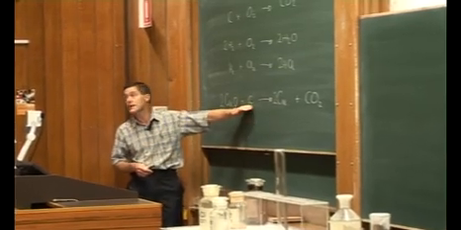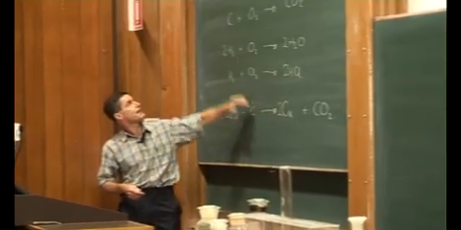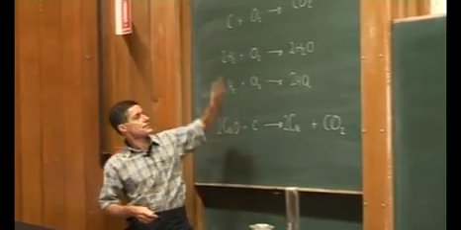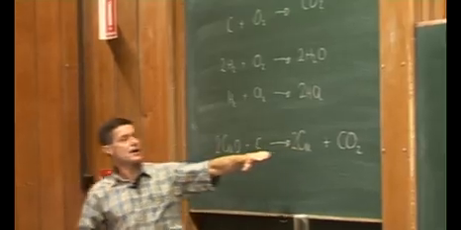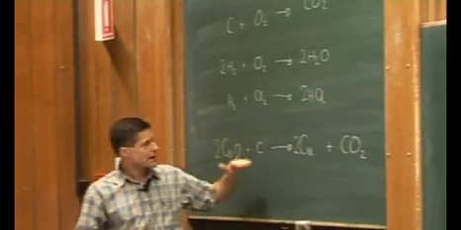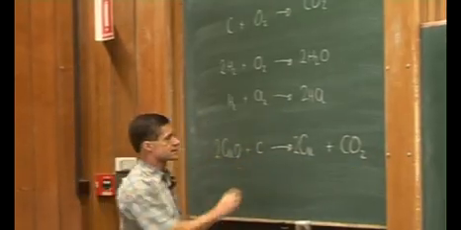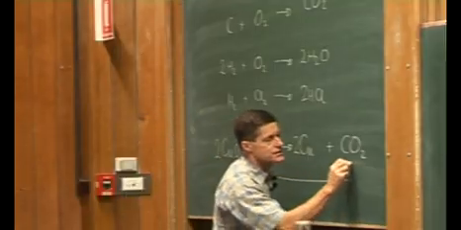And if I look at what's happening to carbon, it is similar to the top case where I go from elemental carbon to carbon dioxide. So that is what we've already defined as an oxidation.